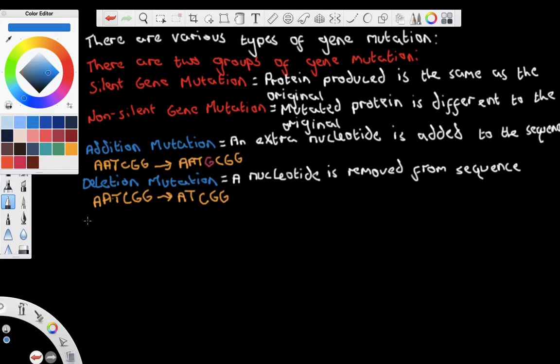Another example would be a substitution mutation.